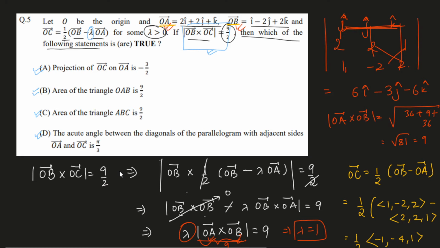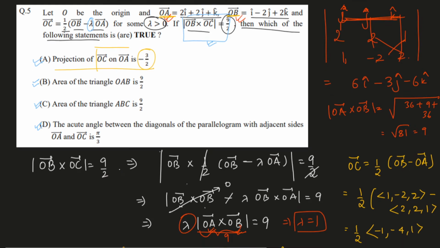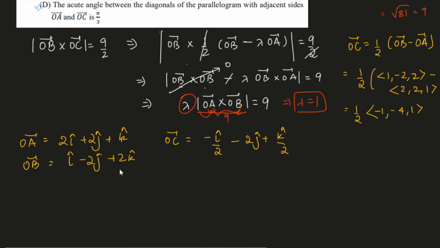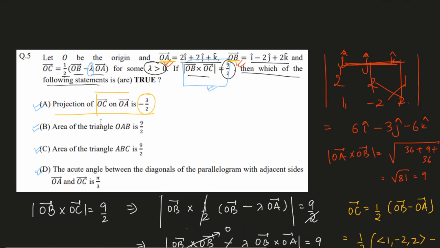The projection of OC on OA is -3/2. So the way we do these projection problems, when you want to find the magnitude of the projection of a vector on another, so of vector OC, let's say this is the point O, this is C, and this is A. So we need to find the projection of OC on OA.